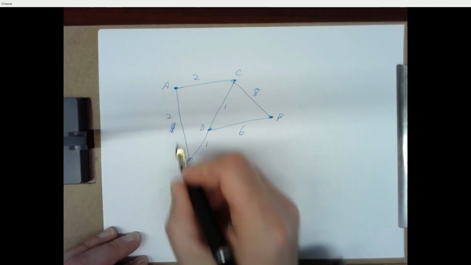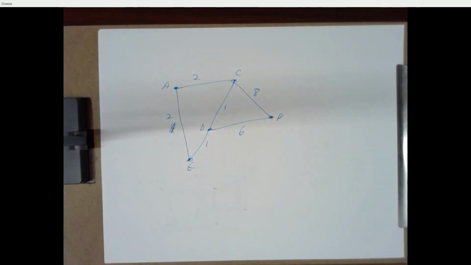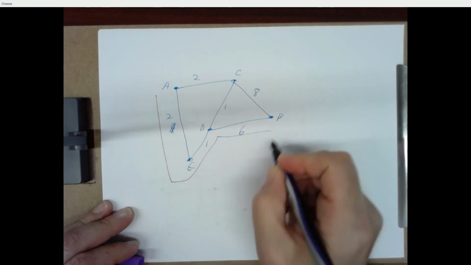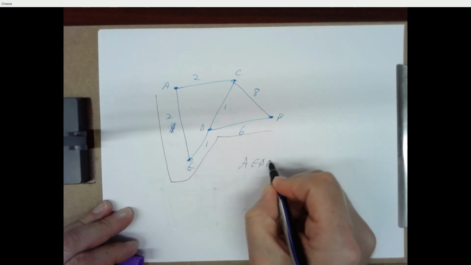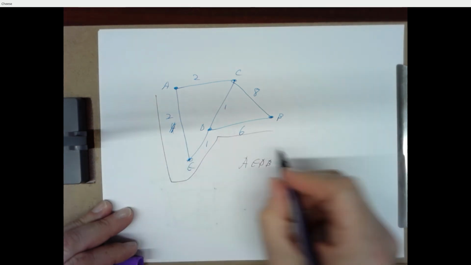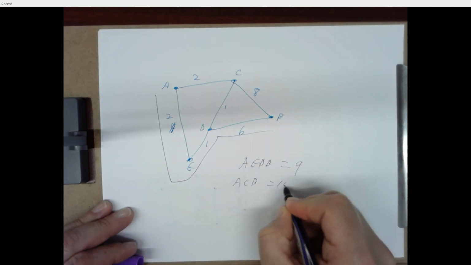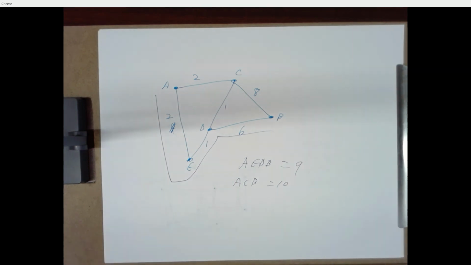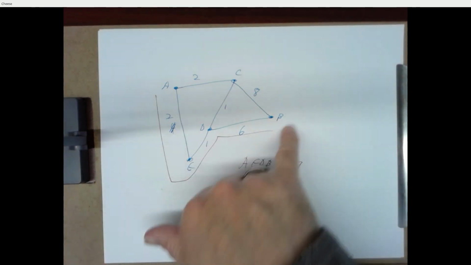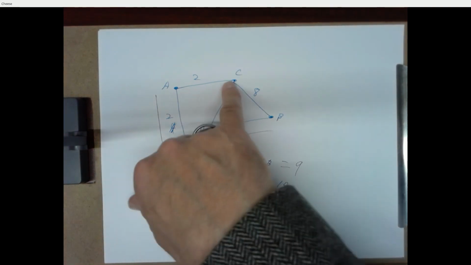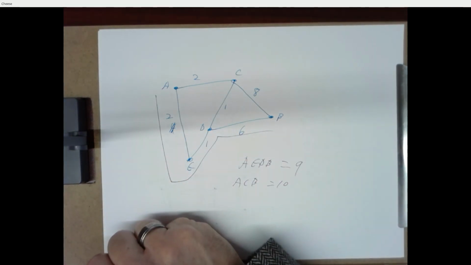But if this had an edge of length 2, right, A, E, D, B, has a total length of 9, whereas ACB has a length of 10. And this is what makes shortest path problems tricky, is that this path has more edges, but it has the shortest total length. This path is much more direct in some way, but it's longer.